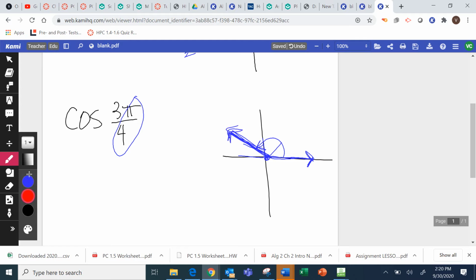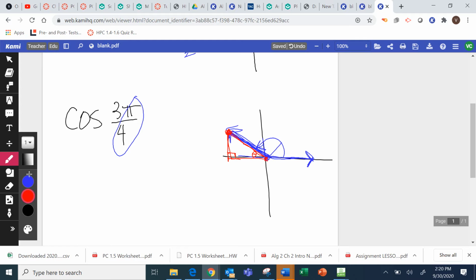And then I'm going to graph from 0, 0. I'm going to go left, up, and that's my triangle. So my reference angle goes to the x-axis. That's where I make my triangle.